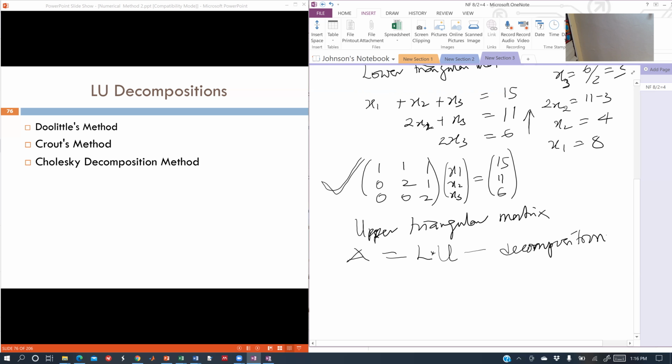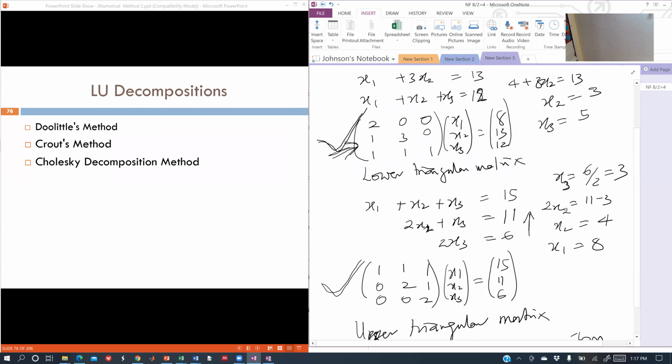So this method, all that it entails is that you want to decompose the matrix A into two parts, such that one part is the lower triangular matrix and the other is an upper triangular matrix, knowing very well that a lower triangular system is easy to solve, and an upper triangular system is also easy to solve.